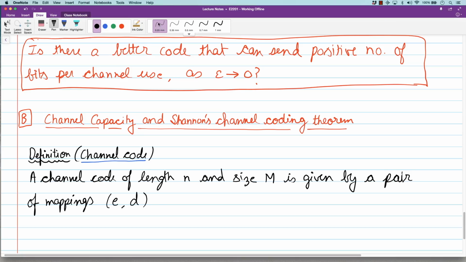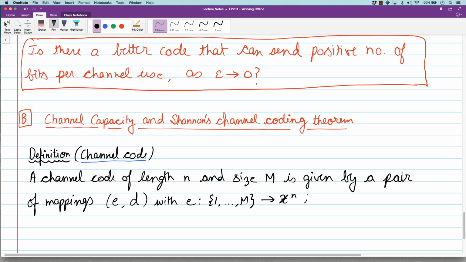So mapping E is a mapping from the messages to the input of the channel, the n length code words. This n and this n are the same, and the number of messages is m.